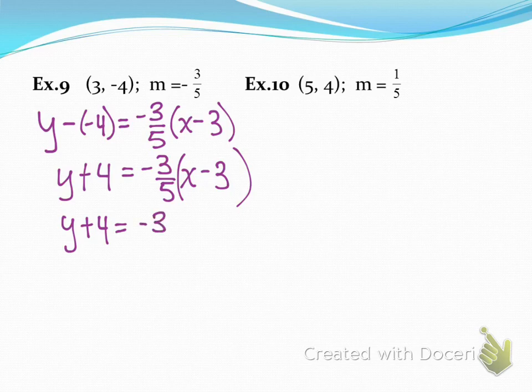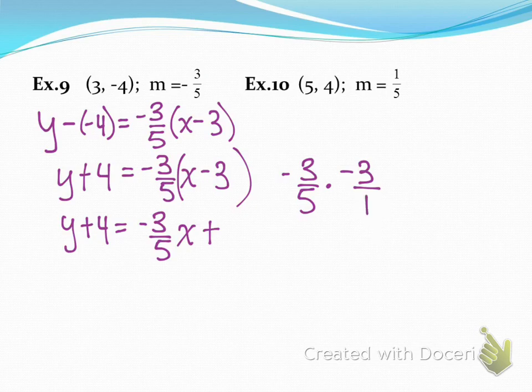It's not such a big deal with the x, right? It's just -3/5 x. But when we multiply -3/5 times a -3, first of all, a negative times a negative is going to be a positive. When we multiply 3/5 times 3, what can we put underneath the 3? A 1.